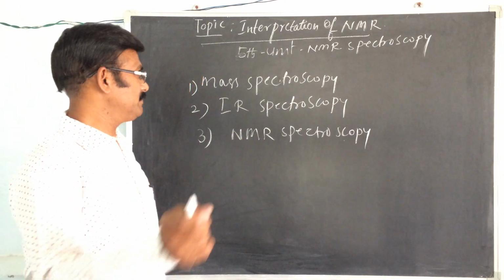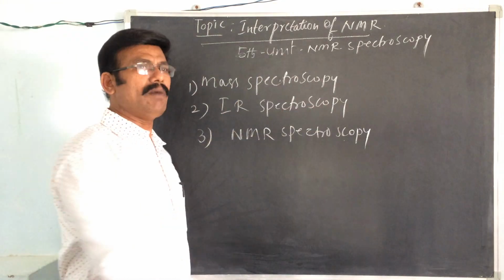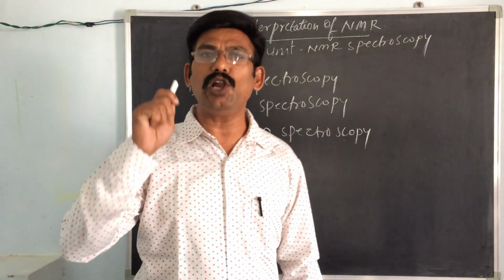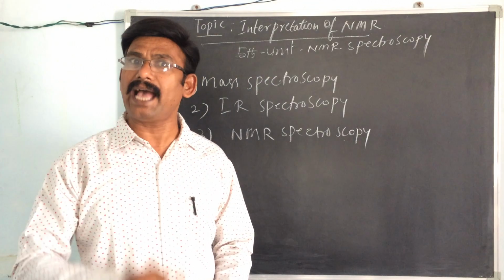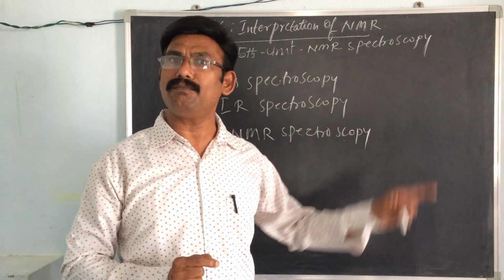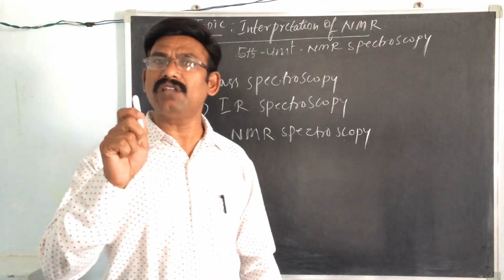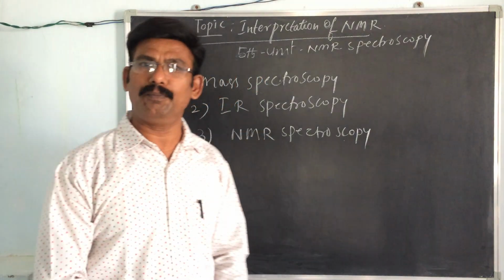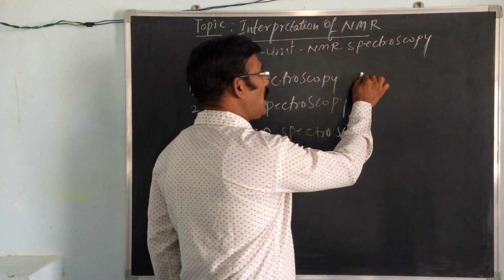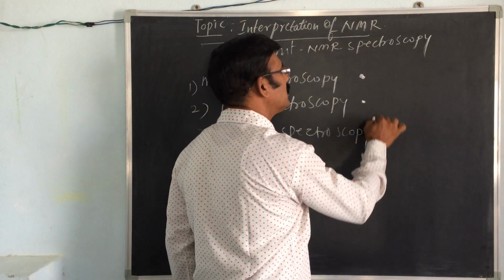Just listen, please. So, mass spectroscopy. Mass means the molecular weight of the compound. If you give a sample to the mass analysis, it will give the molecular weight of the compound. For example, this is a white color compound, and these are the samples.